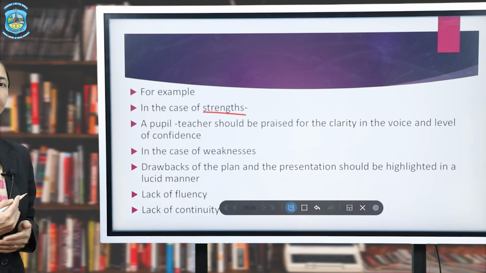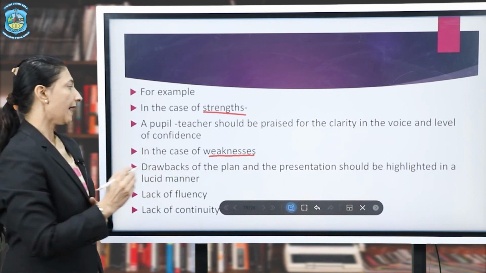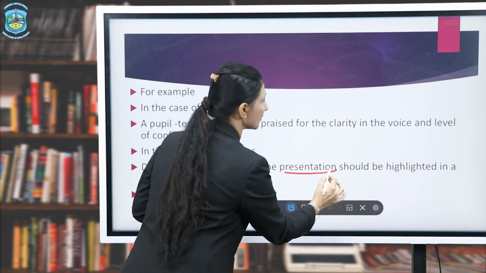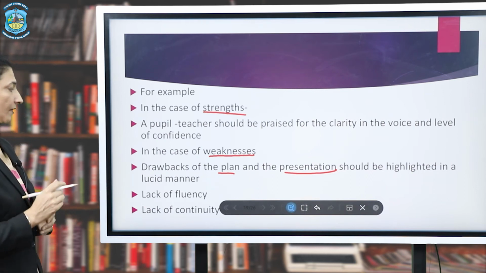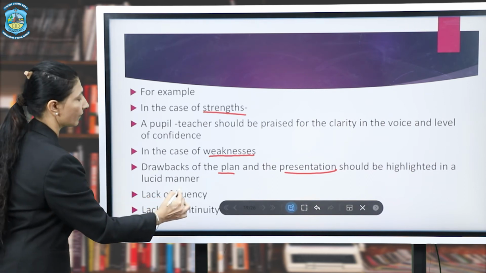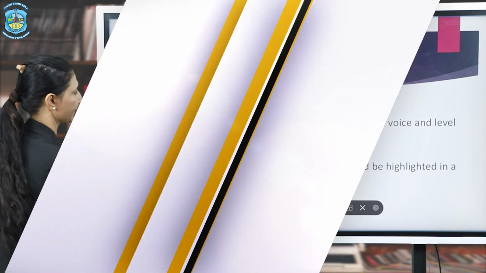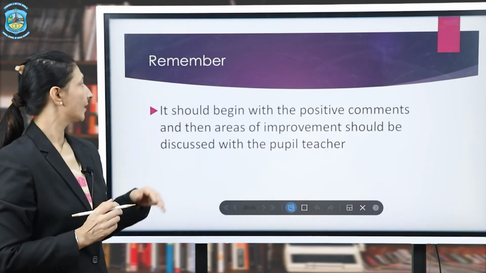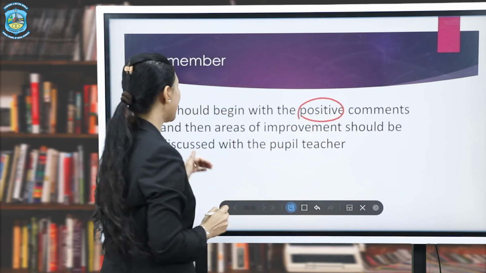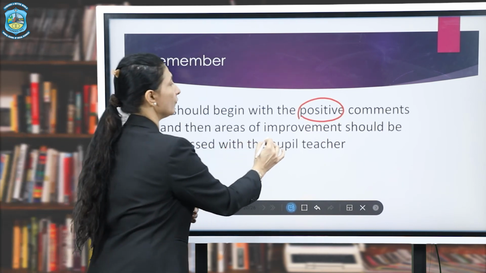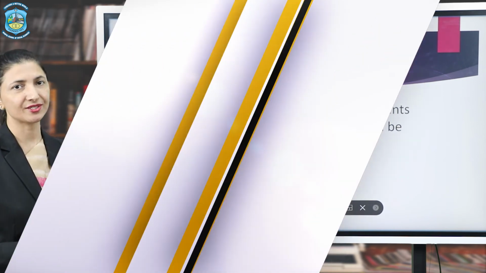In the case of weaknesses, drawbacks of the plan and the presentation should be highlighted in a lucid manner, like lack of fluency and lack of continuity. Always remember, feedback should begin with positive comments, and then areas of improvement should be discussed with the pupil teacher.